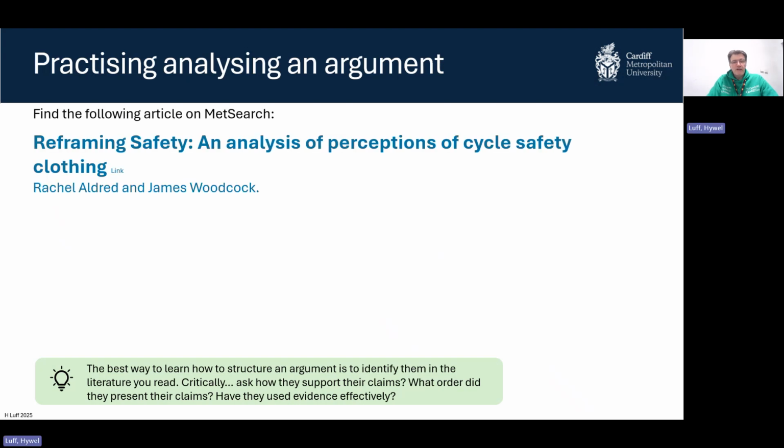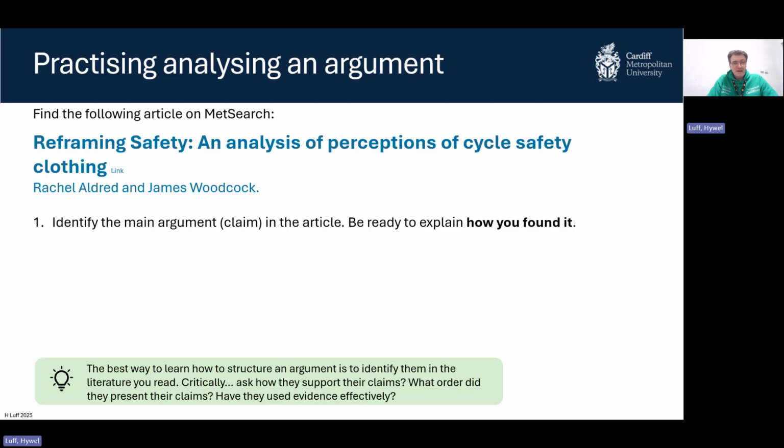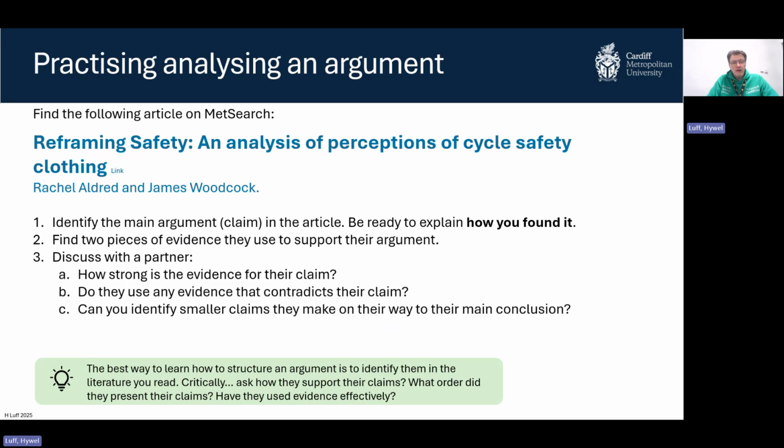If you'd like to practice analyzing an argument, you could use this example that I provided here. This is an opportunity for you to possibly pause the video, find the article and have a think about it, identifying the main argument.